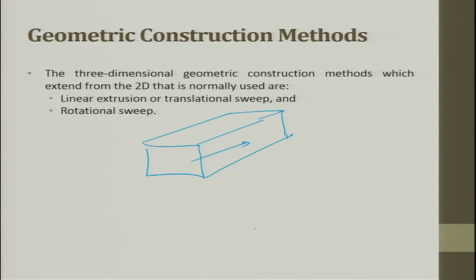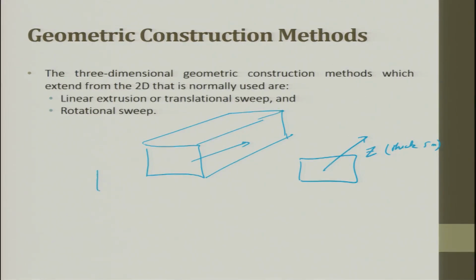I can represent this as a surface, and then in this direction Z, give a thickness of 5 millimeters or 5 meters, whatever it is. So this is line extrusion of the square or a rectangle. This is also called a translation sweep, line extrusion or sweep.